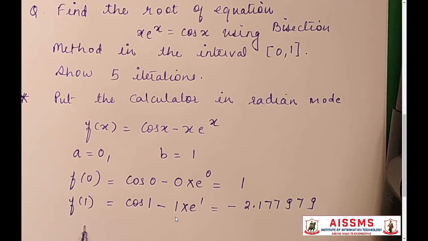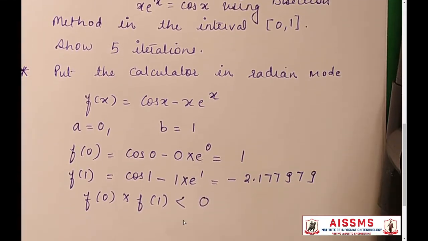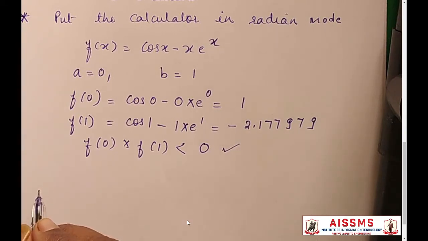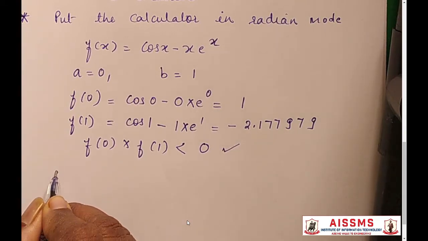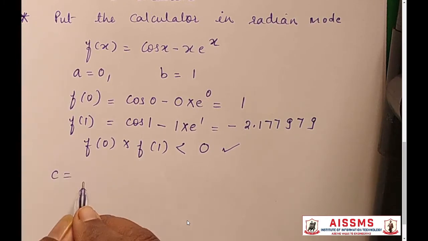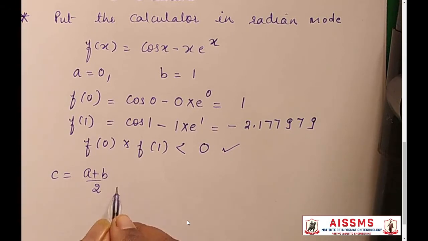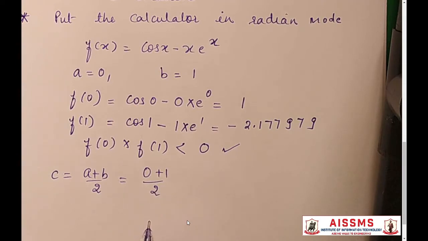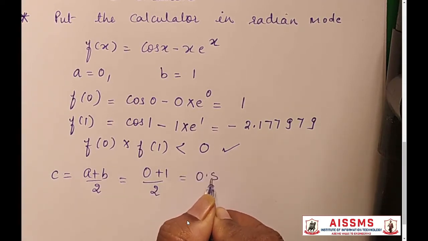Check whether f of 0 into f of 1 is less than 0. The condition is satisfied. So we find out the next value, c is equal to a plus b by 2, which is equal to 0 plus 1 divided by 2, which comes out to be 0.5.